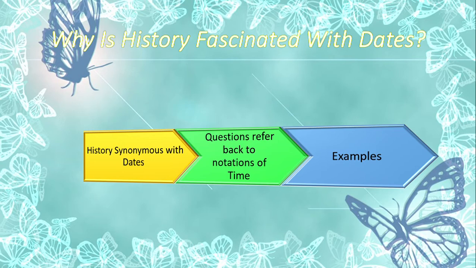Sometimes it is actually incorrect to fix precise dates to processes that happen over a period of time. So history is about finding out how things were in the past and how things have changed.